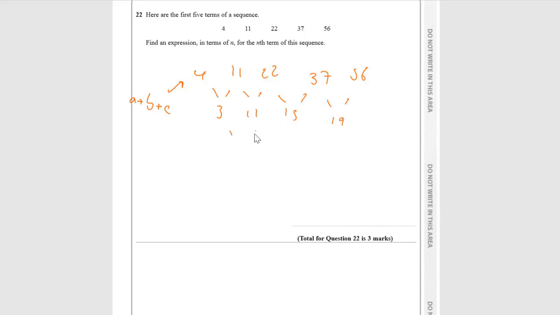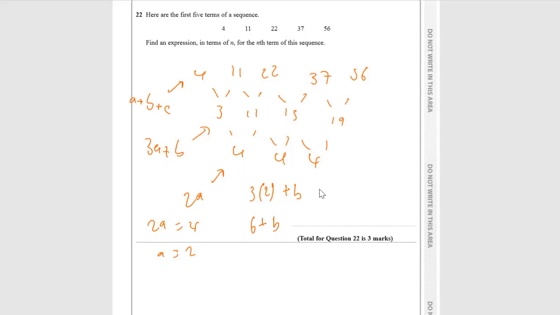And then here a difference of 4, difference of 4, difference of 4. So we have 3a plus b, and here we have 2a. So 2a equals 4, which means that a equals 2. Then 3a plus b equals 7, so 6 plus b equals 7, so b equals 1.